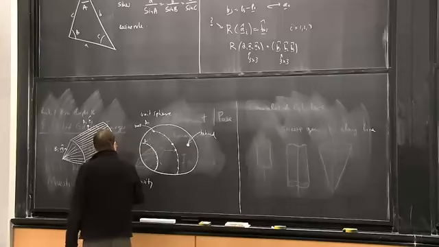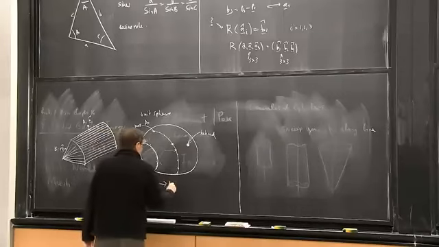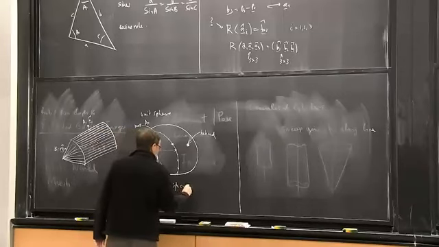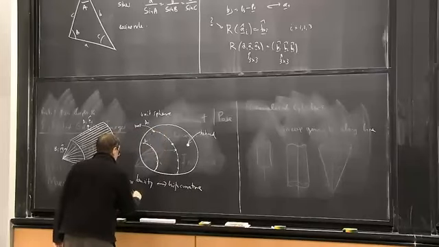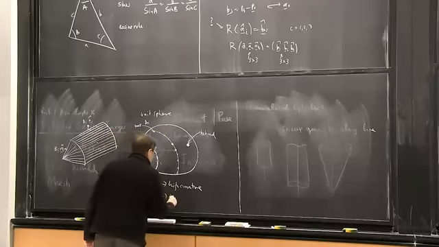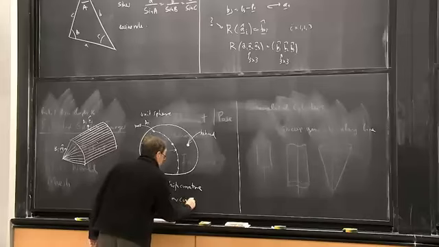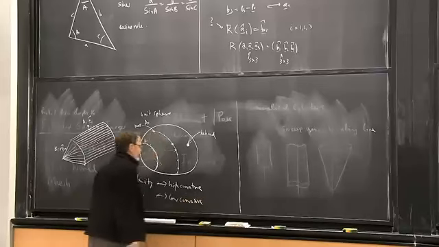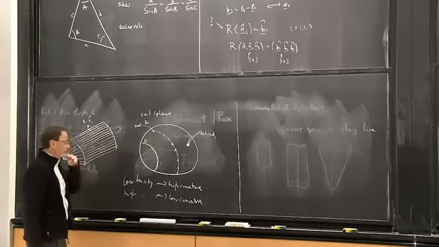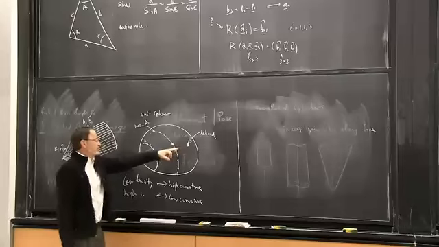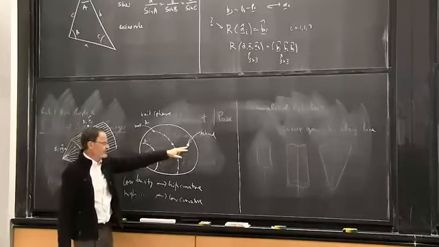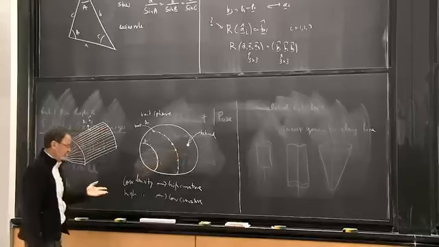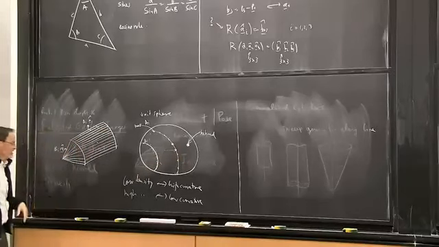So low density corresponds to high curvature, and conversely high density corresponds to low curvature. And we can see this right here where the thing with the lowest curvature is the plate, the end plate, and it gives a huge contribution to the sphere because it has very low curvature.